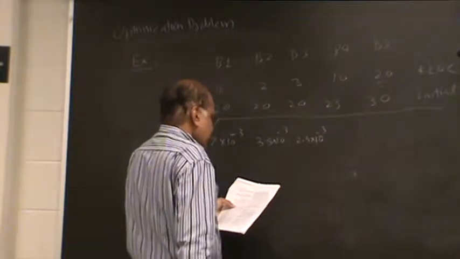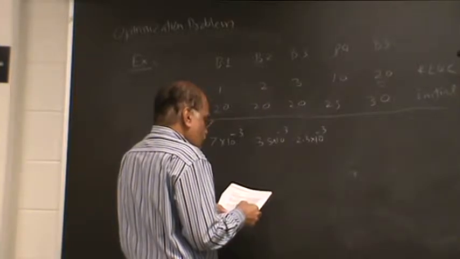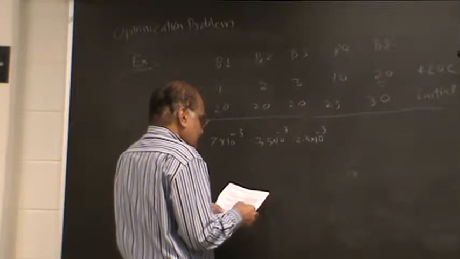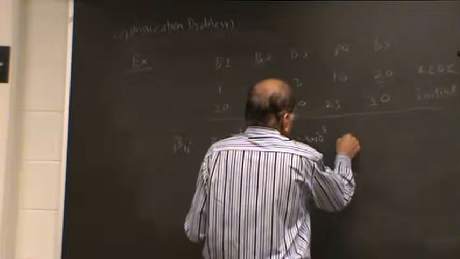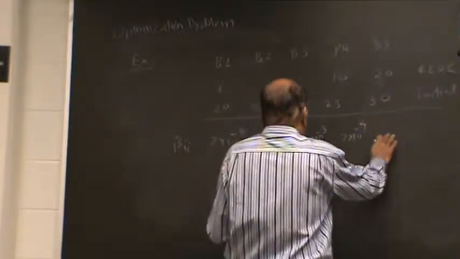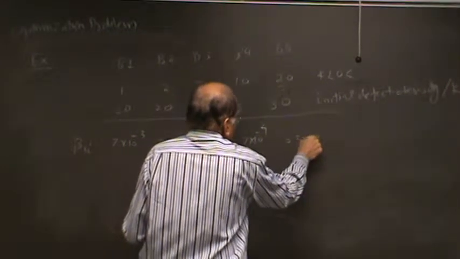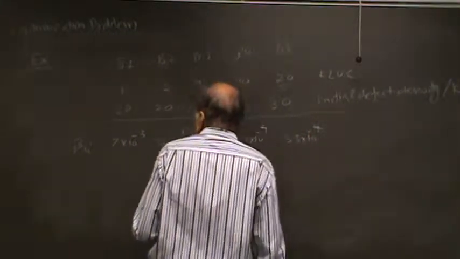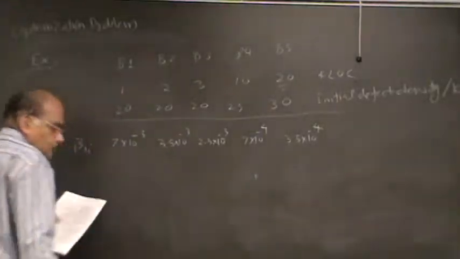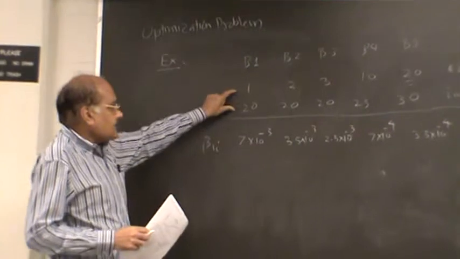And then for B4, it is 7 multiplied by 10 raised to minus 4. And for B5, it is 3.5 multiplied by 10 raised to minus 4. So these are the beta 1 i values, which actually are based on these.